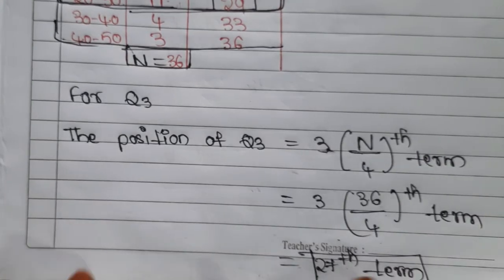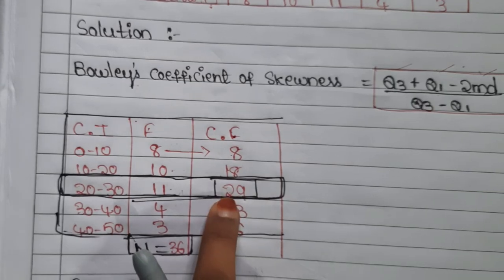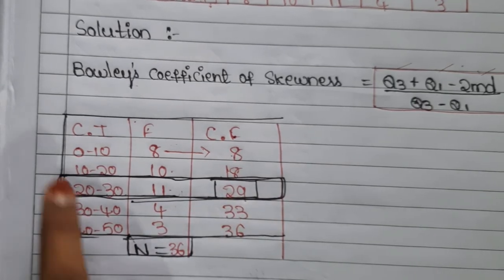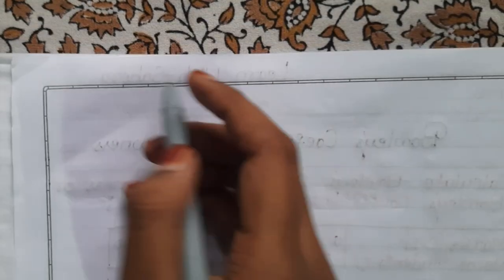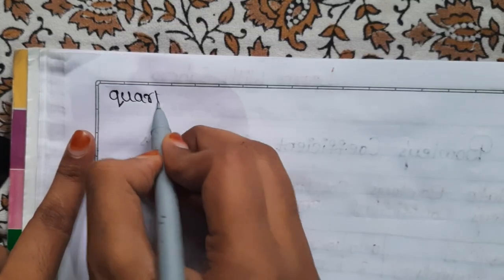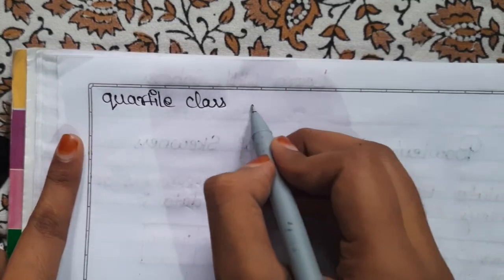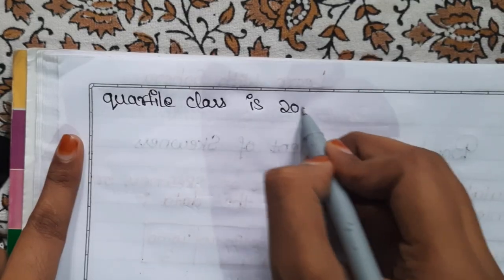After doing this much, we have to find this in the cumulative frequency. We didn't get 27, so we got 29. After 27 it is 29. Then we are going to take this box. Then you should write quartile class is 20 to 30.